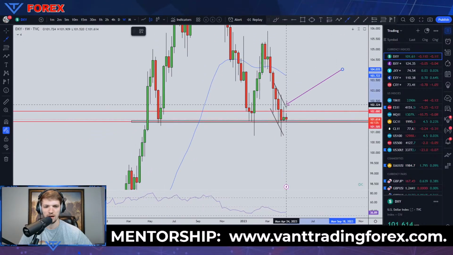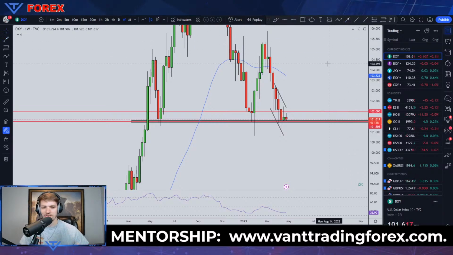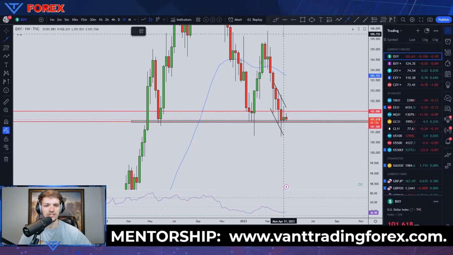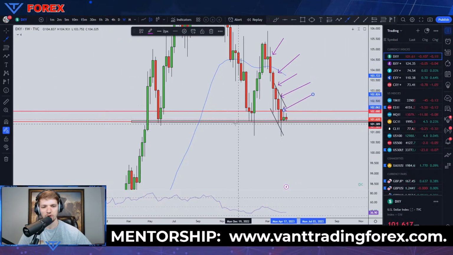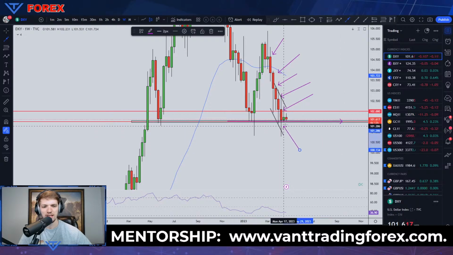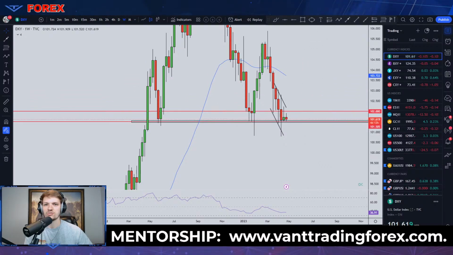Nowhere really. Left the upper wick, closed pretty weak as a bullish candlestick. Closed right above 101.5. It seems like what price wants to do is you had this nice bearish push to the downside here, found support at 101.5, had this support, and then it seems like, can we pull out my fancy dancy drawing tool here?